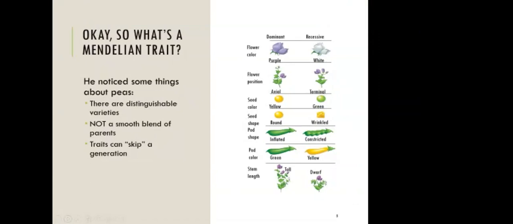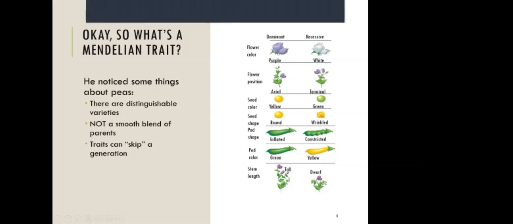So these particular traits are not a smooth blend of the parents. You don't get a light purple, or wrinkled but not really, or a blend between the green and the yellow. He also noticed that these particular forms can skip a generation, just like we saw in the video.